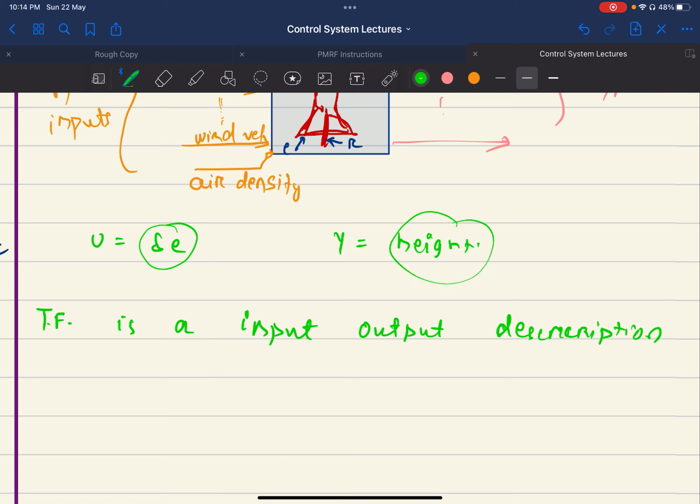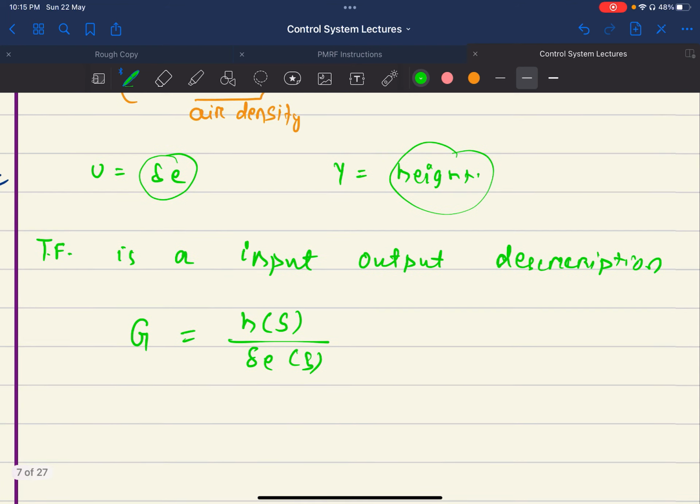So I can say that my system, the G of s, is equal to H of s, the Laplace domain transformation, divided by delta e of s, the Laplace domain transformation. So this is likely to be a very complicated relationship in between them.